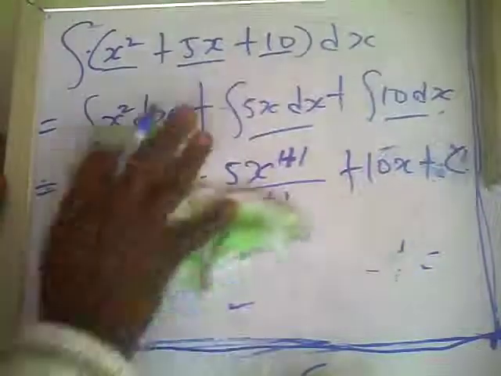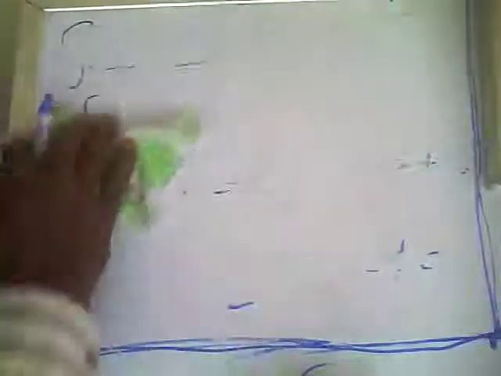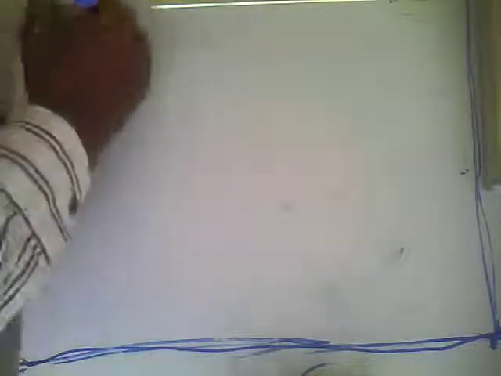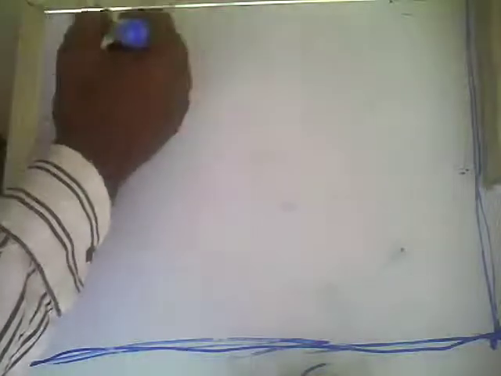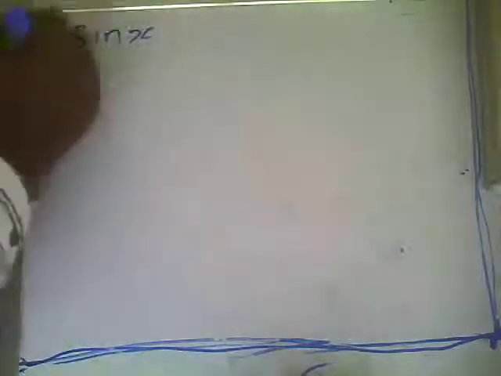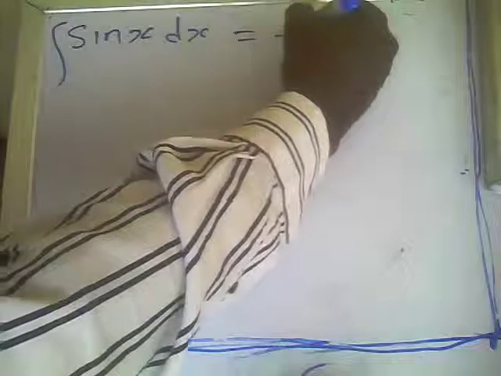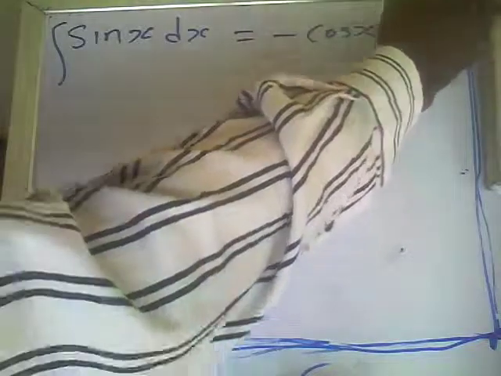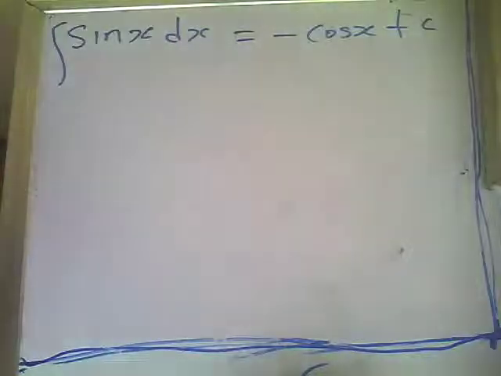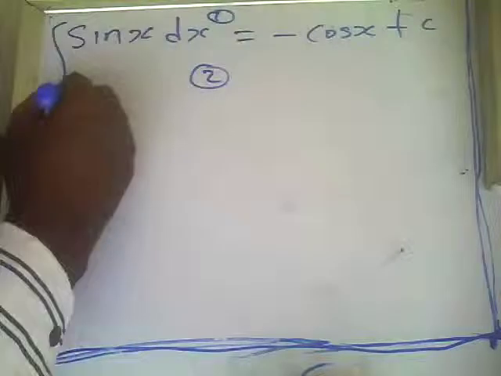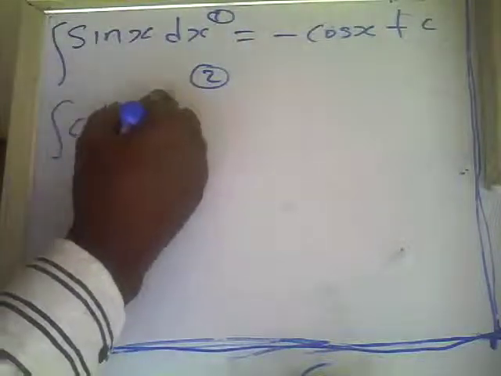There are some basic rules that you need to know as you are preparing for your exam. Let's look at trig functions. When you are given sine x, you have to integrate sine x dx. The integral of that is going to be minus cos x plus c. That's number one. Number two, we integrate cos x dx.